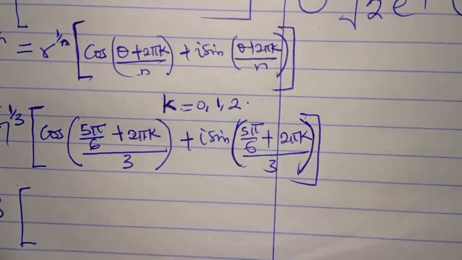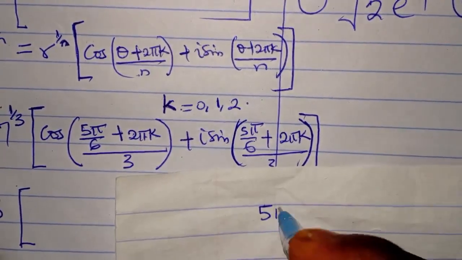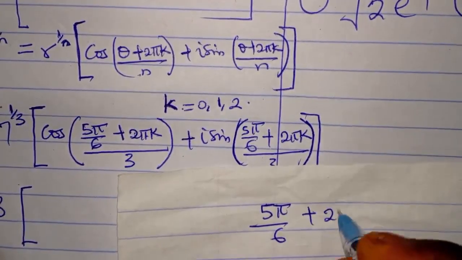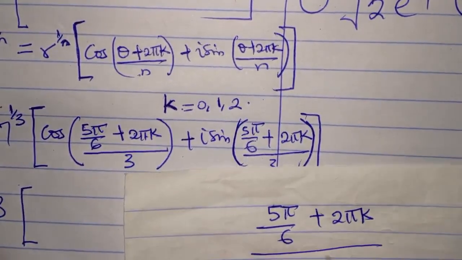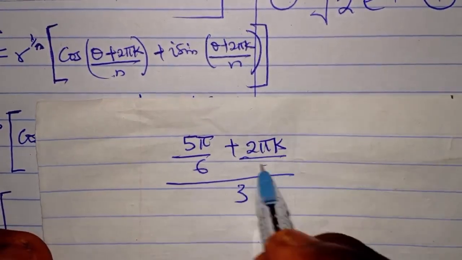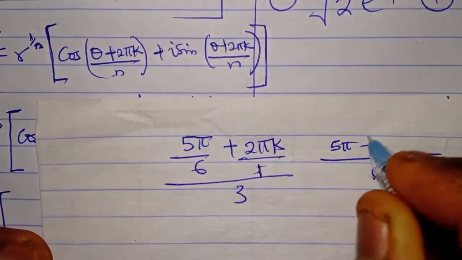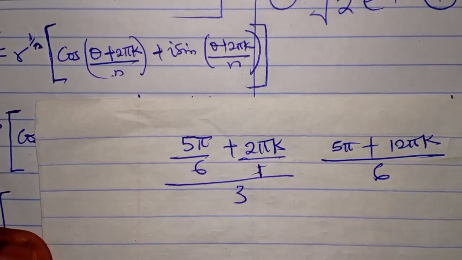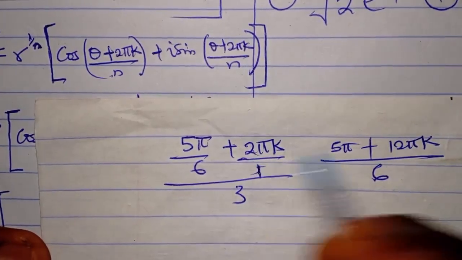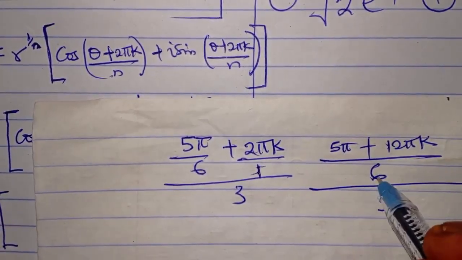Okay, I want to simplify this very quickly. See, 5 pi all over 6 plus 2 pi k all over 3. The LCM is 6 for this numerator, so this will be 5 pi plus 12 pi k. 6 divided by 1 is 6, times 2 is 12. For 1 over 3, the 3 here will times the 6 to give us 18.